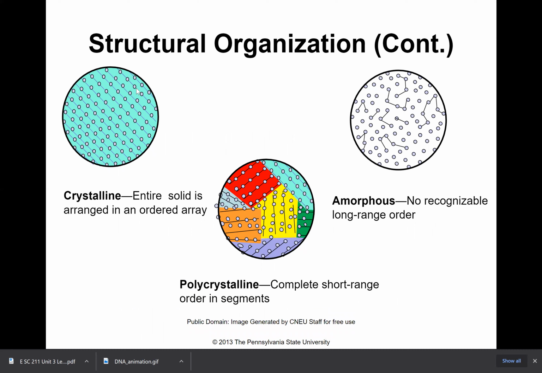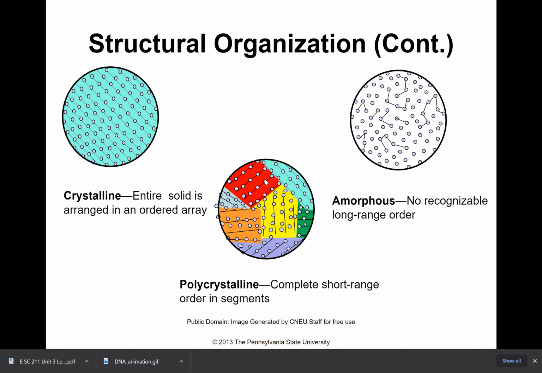So this gives you a nice visual example of the different types. Crystalline, the entire solid is arranged in an orderly fashion, all lined up nice and neat.